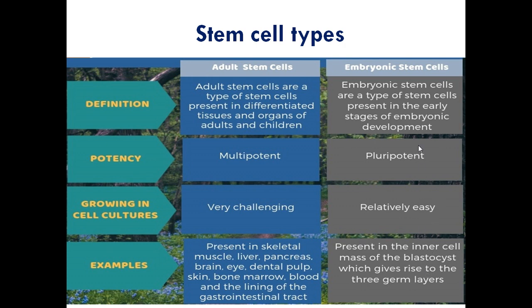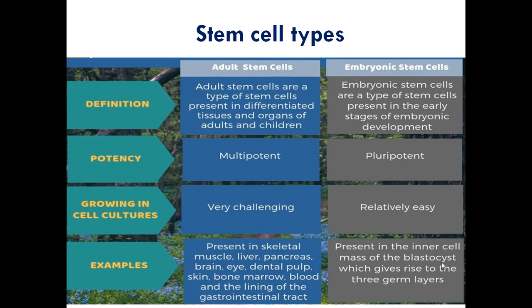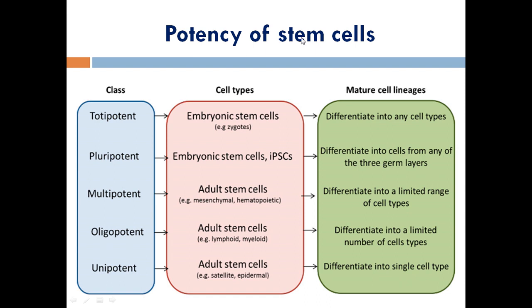As an example, ES cells are present in the inner cell mass of a blastocyst. This we call the ICM, the inner cell mass of a blastocyst, which gives rise to the three germ layers. So here it has been depicted about the potency of your stem cells.